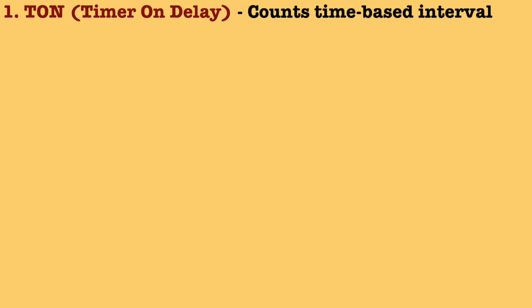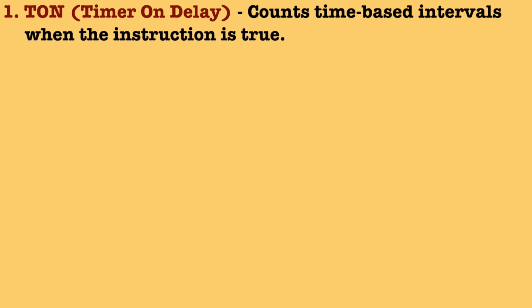In general, there are three different PLC timers: on delay timer, off delay timer and retentive on delay timer. Before starting the programming, first we need to understand the timer commands and the terms used in the programming. I'll start with TON.